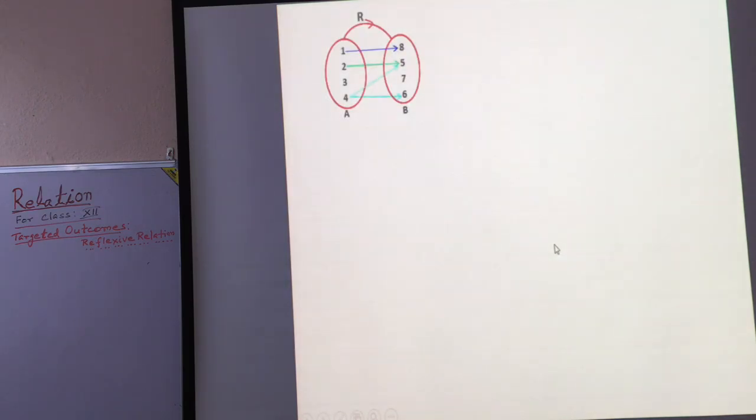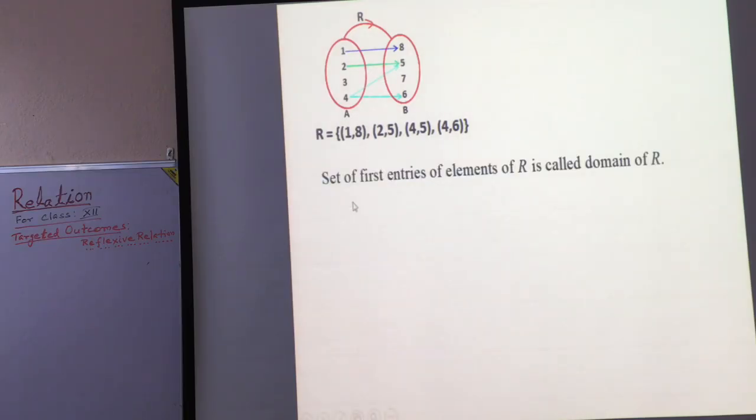Now observe or recall the following two points. Set of first entries of elements of R is called domain of R. In the figure, elements 1 to 4 of set A are first entries.